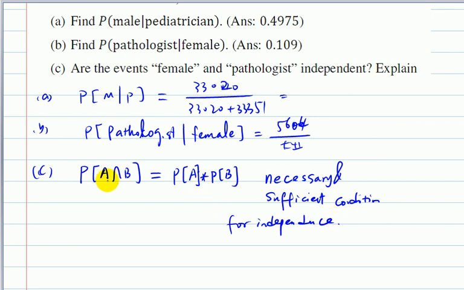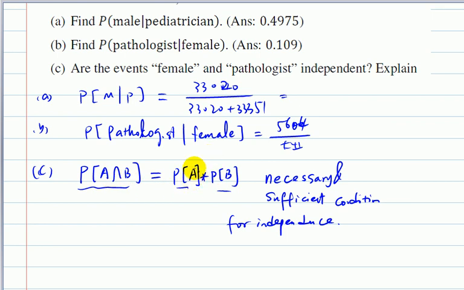So what that means is you need to calculate this, calculate this, and see if they're the same. If they're the same, that means they're independent. If they're not the same, they're not independent. Okay, so that's why we are doing it. But in this case, I think we're going to do it a little bit differently. So let's say if you do it this way here, what would you do?